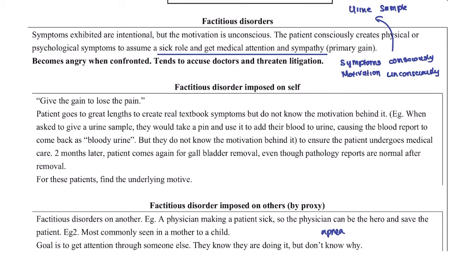But when the child is given a monitor to test at home, the mother would, let's say, put a pillow up the child's face so that the child can't breathe, inducing apnea episodes. They don't know why they do it, but they do it. This is why they would do it by proxy. They want to get attention through someone else. They know they're doing it, but they don't know why.